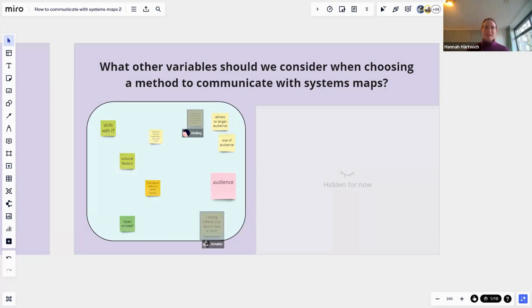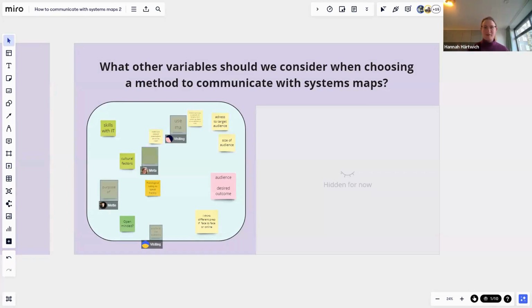So yeah, I can set up a systems map on the Miro board, share that with people, and let them comment on that over time, leave their ideas there. I can share more specific questions around the map. And you can think about different ways to introduce people to the map on the Miro board.